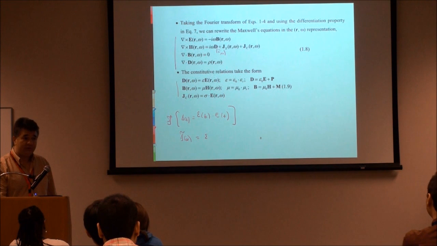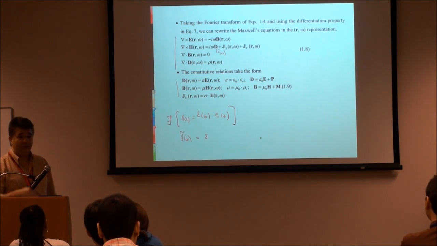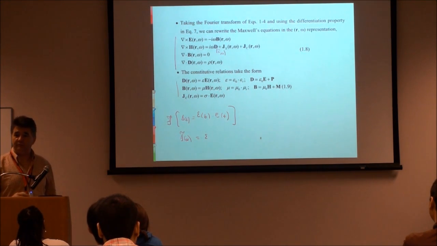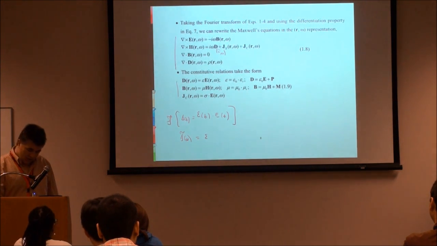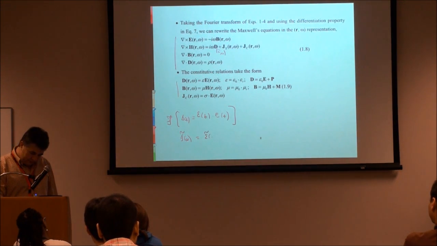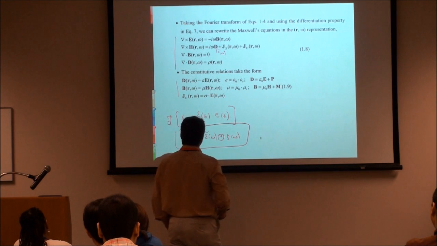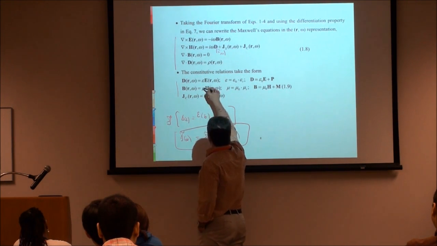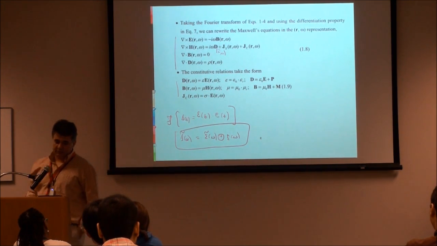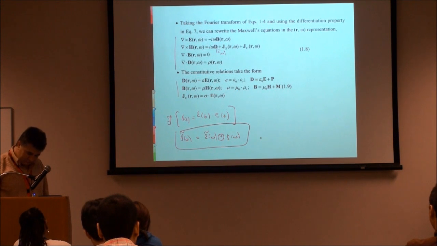Here I don't have tildes, but you understand D as a function of omega is a totally different function than D of time. Okay? Epsilon tilde of omega convolved with the field of omega. Okay, but if we assume epsilon and mu for now don't have a frequency dependence, then let's forget about that.